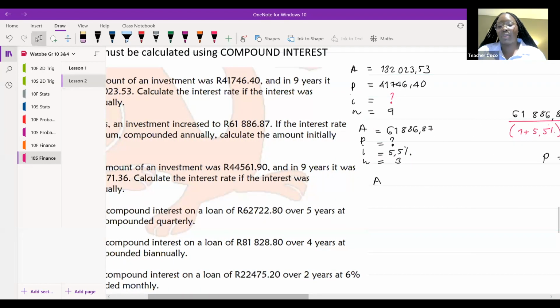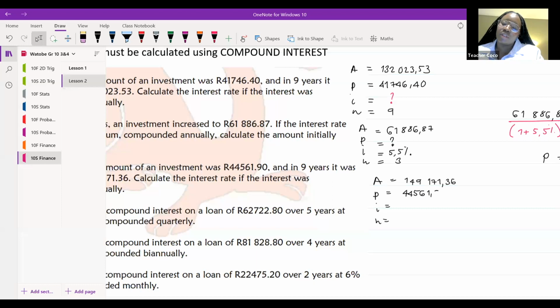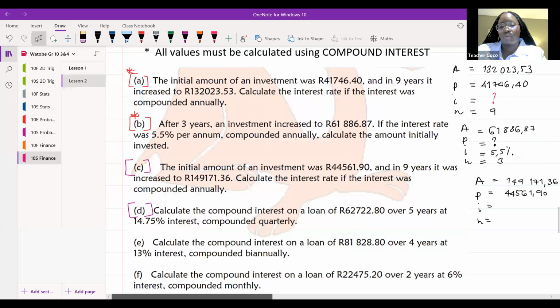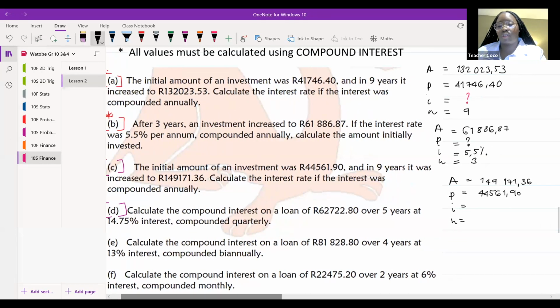Right. So you need to give me my A. Your A is 149,171.36. And then your P is 44,561.90. Keep going. And then your I is... Ma'am, can you please go back to the question? Oh, we don't have an I, and then the N is 9.